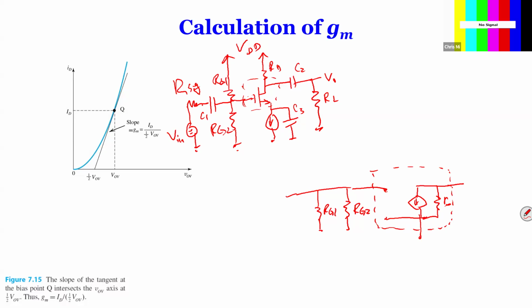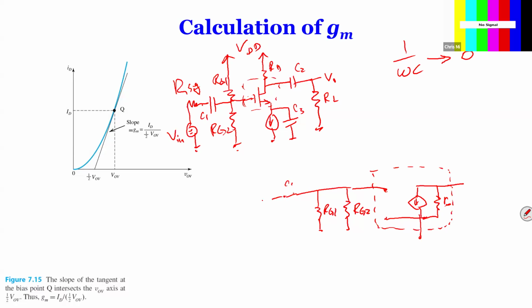We don't do this in this class, but in the next class you actually have to include CC1 so you can find the frequency response. But here, let's say CC1 becomes a short circuit for AC, because 1 over omega C approaches 0. The frequency is high, the capacitance is large, so it's 0. So here is a short circuit.